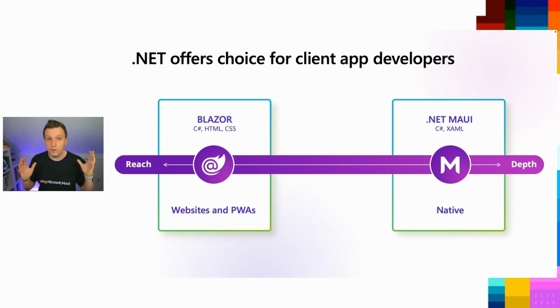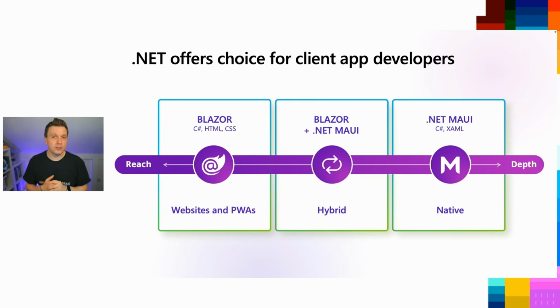If you want the full native power on actual devices, then you probably want to stick with .NET MAUI, and you can come in between with Blazor and .NET MAUI together, which is a very powerful combination. And you can reach all of these things with your existing web development experience.